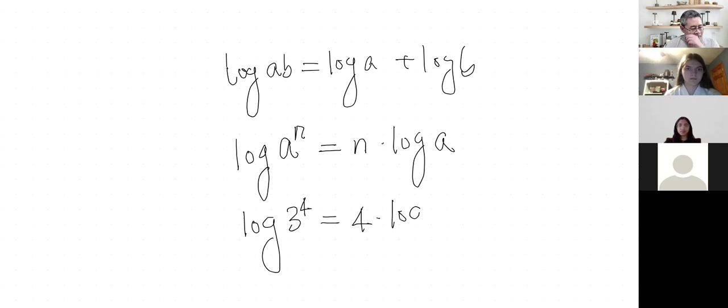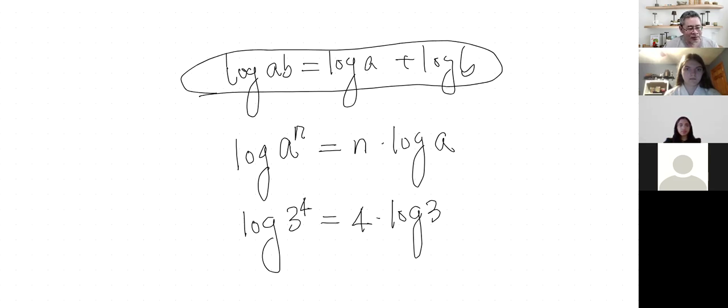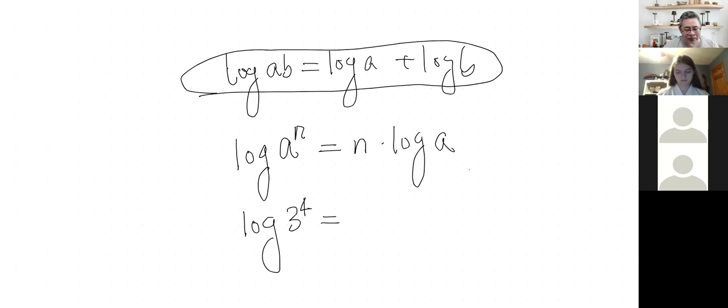The reason for that comes from here. Log 3 to the 4th is basically log of 3 times 3 times 3 times 3.